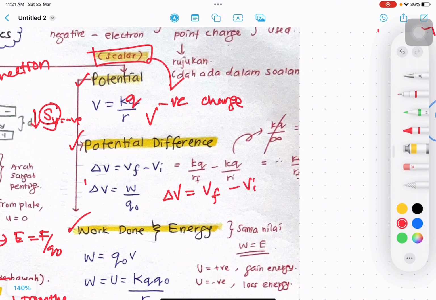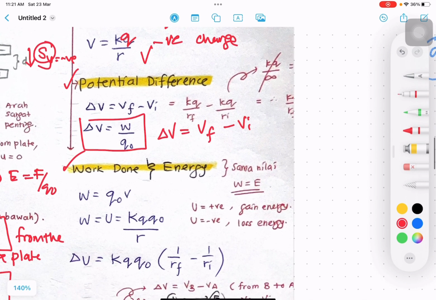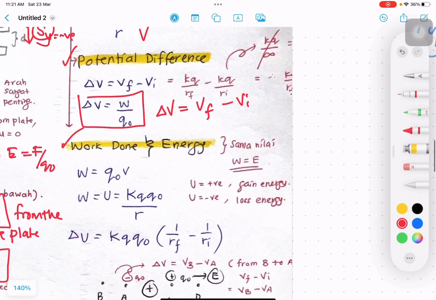We have delta V equals W over Q naught. From these two we can derive W equals Q naught times V, where V is KQ over R. So W is also the same as potential energy, U equals KQ Q naught over R.